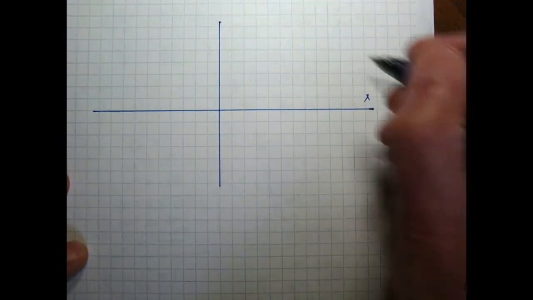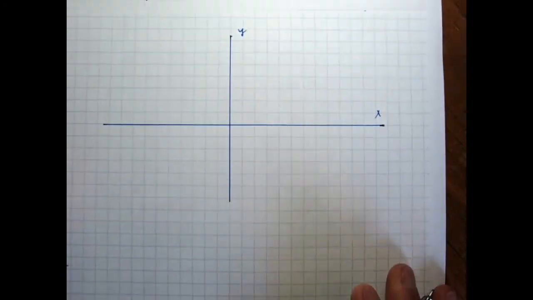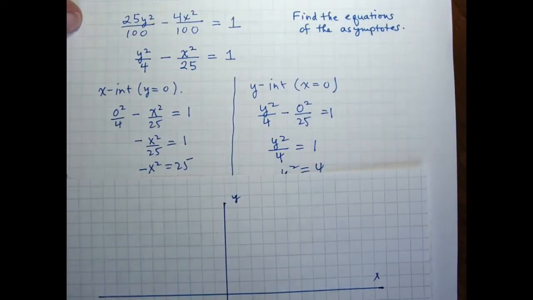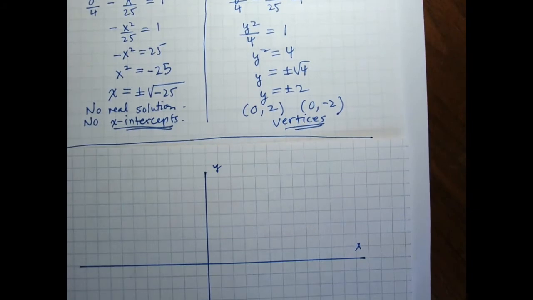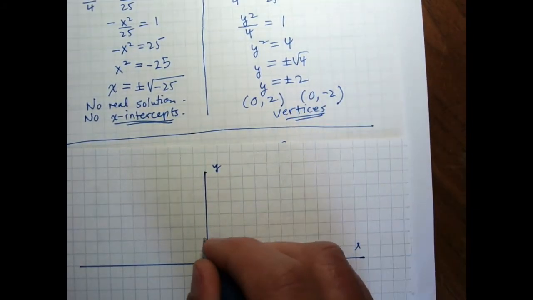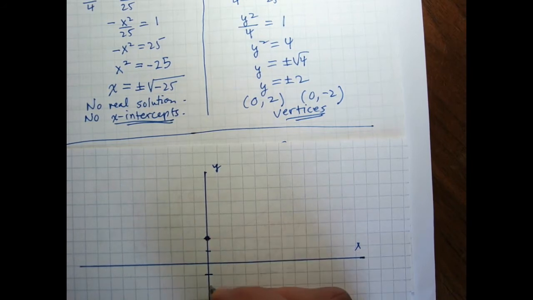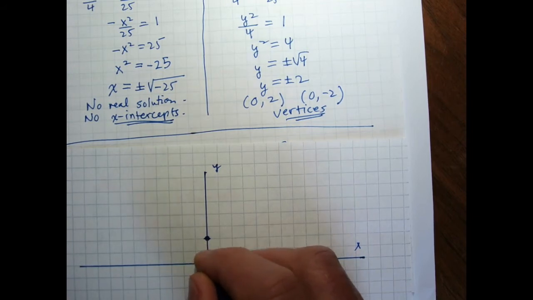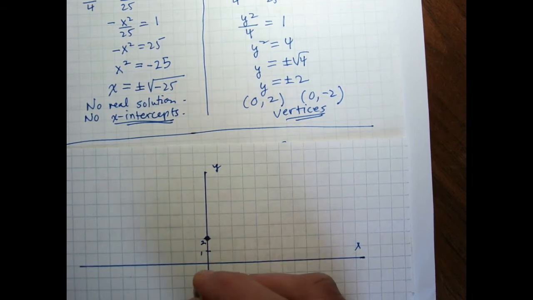So I'll make this x, this y. So my actual intercepts, my vertices, are at (0, 2) and (0, negative 2). So I'm just going to 1, 2, negative 1, negative 2.